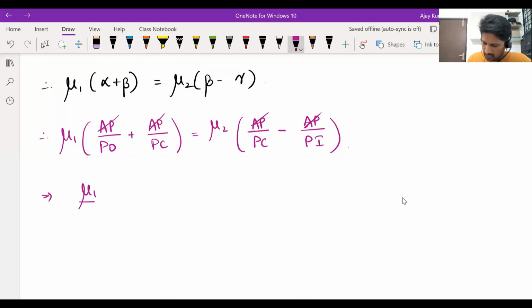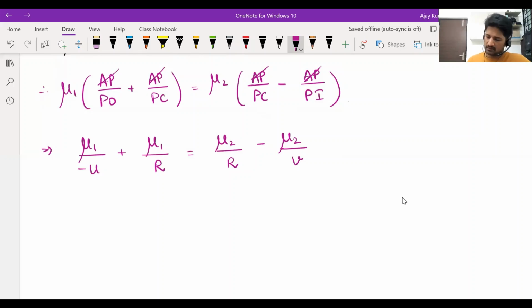you get mu1 by PO, which is minus U, plus again mu1 by PC, the radius R, is equal to mu2 by PC, the radius R, minus mu2 by PI, the image distance V. We'll keep it as it is. Send the mu2 by V term this side. You get mu2 by V minus mu1 by U is equal to mu2.